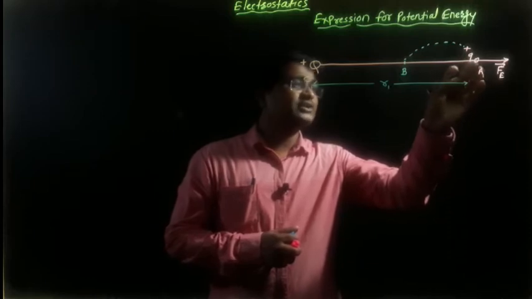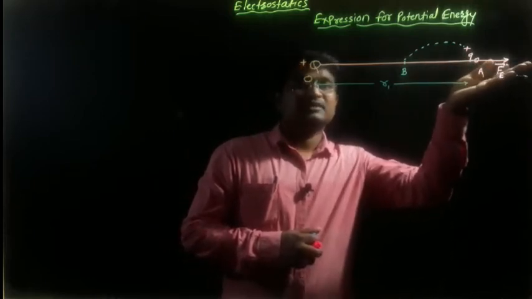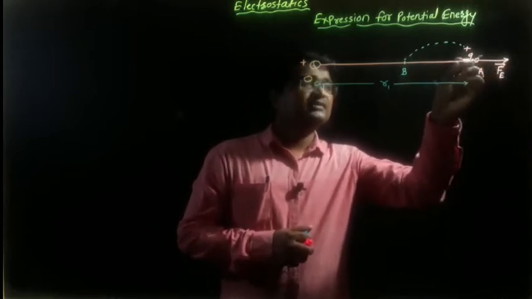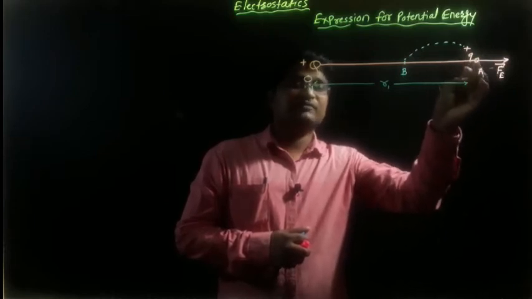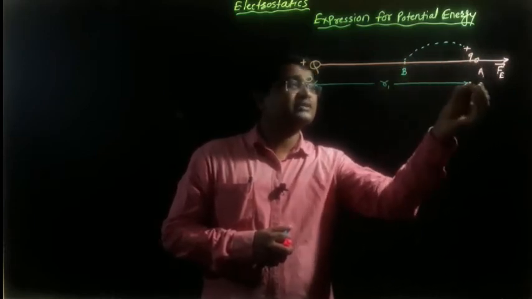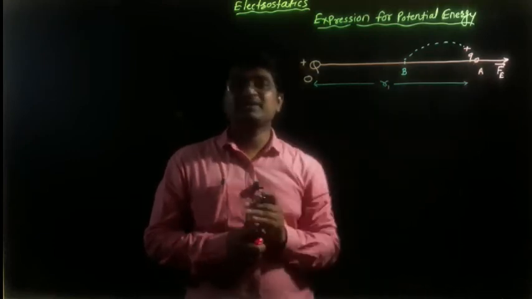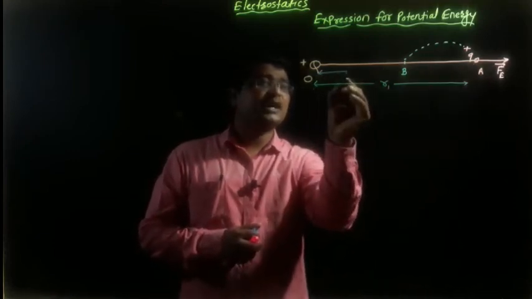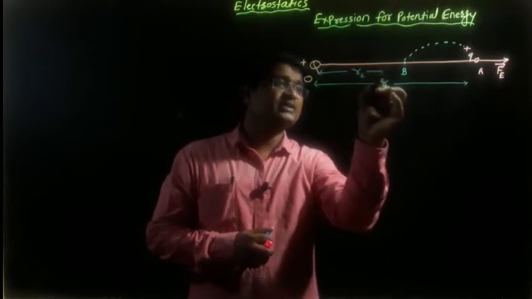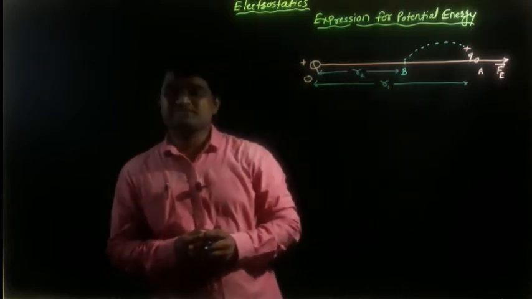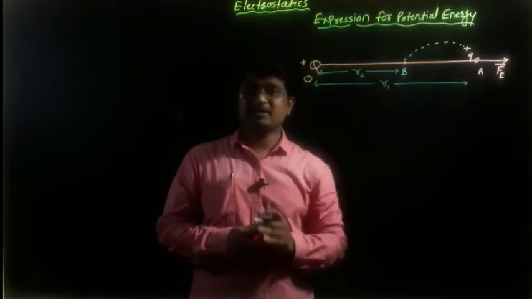Actually, through the electrostatic force it would be repelled, but now it is performing work exactly against the electrostatic force, moving from initial position A to final position B, and it will be here at distance R2. This is the final displacement, the final distance from the origin, R2.